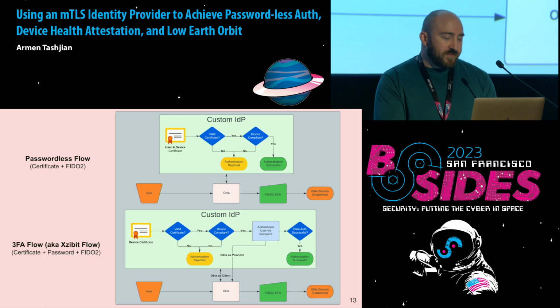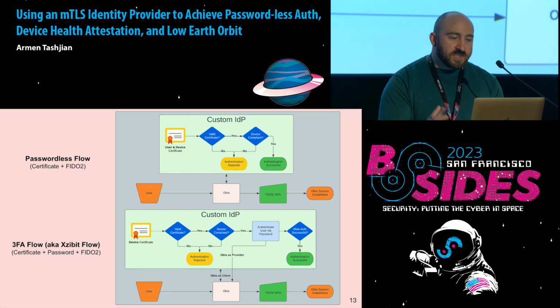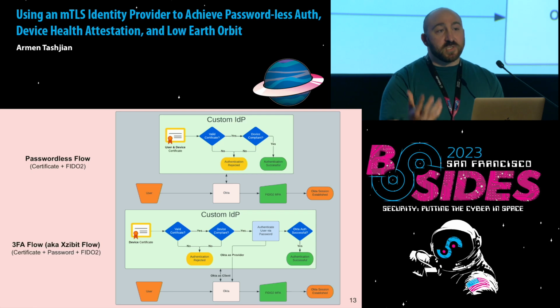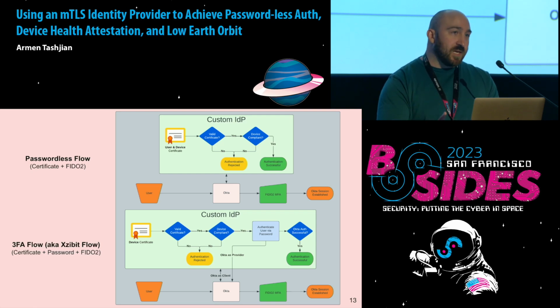For the passwordless flow, you'll notice that once the user is in our identity provider, the user presents a certificate that includes both the user and device contexts. We validate whether the certificate itself was valid, and then we extract the device metadata from that certificate and ensure that the device associated with the certificate is in a compliant state.